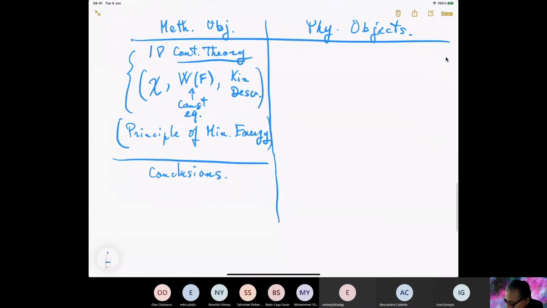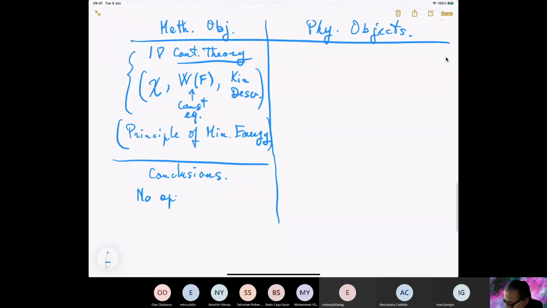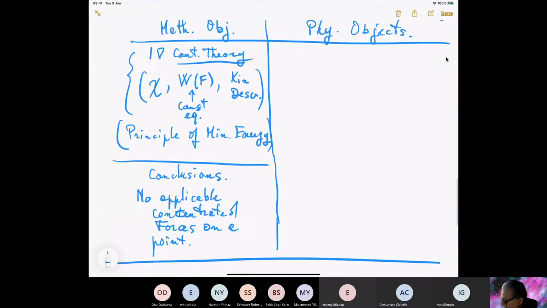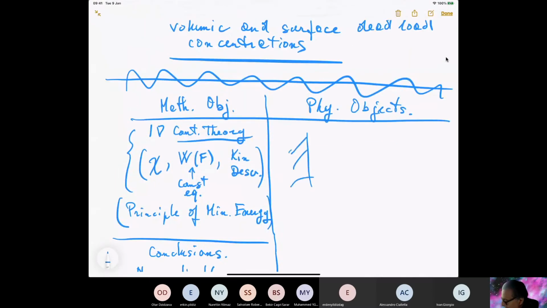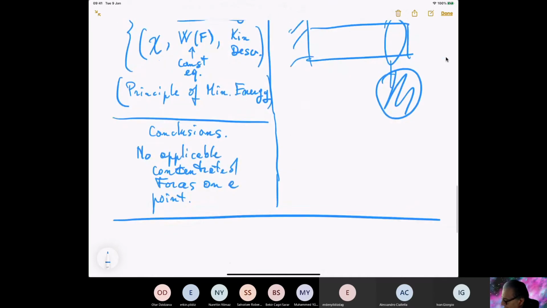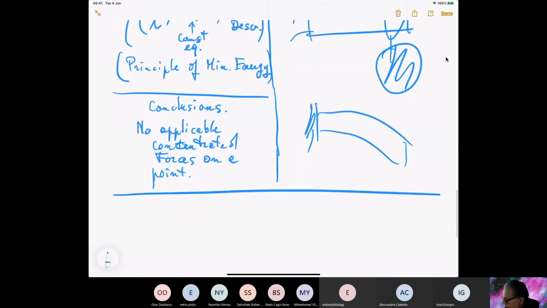For instance, no applicable concentrated forces on a point. Okay. Here you have Galileo beam, for instance, with Galileo dead load. And you have some phenomena, the deformation phenomena you have.